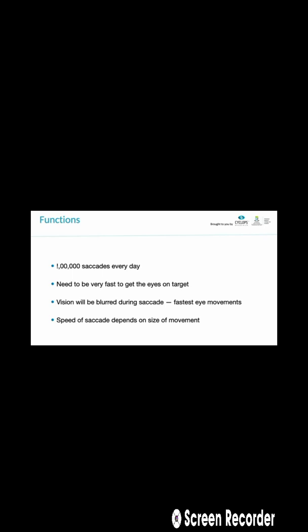So that's why the eyes have to move quickly to minimize the time during which there is no clear image on the fovea. Approximately, humans make around 1 lakh saccades every day. The speed of the saccade depends on the size of the movement.